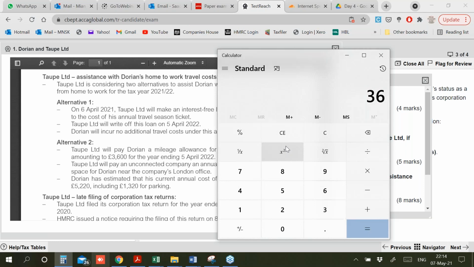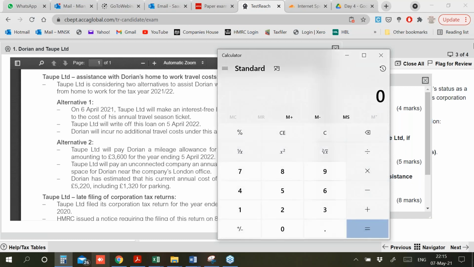So on this 3600, 42% of the benefit will arise, that is 40% tax, 2% NIC. Now here the cash benefit is being given, that's why it will be subject to NI as well. If you had calculated 40%, you would have lost 1 mark but scored the remaining marks.